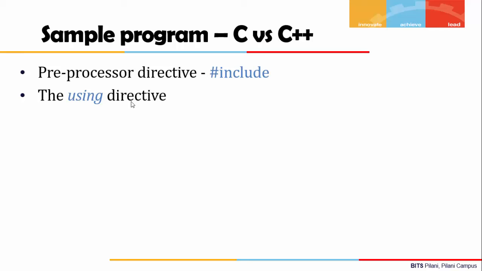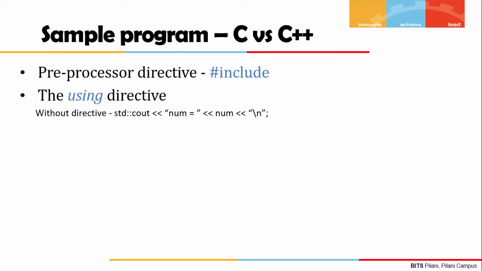If we didn't use the using directive, we would need to add this std name to many program elements. For example, we would need to say std::cout. But when we use using namespace std, then we can use cout directly.